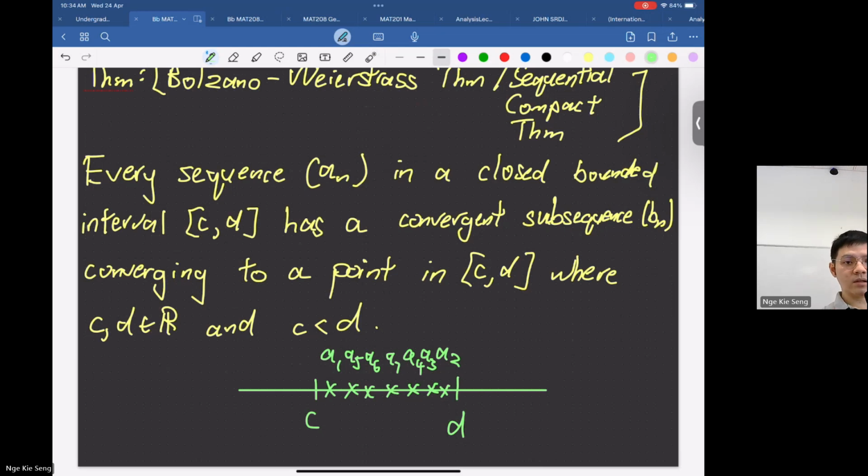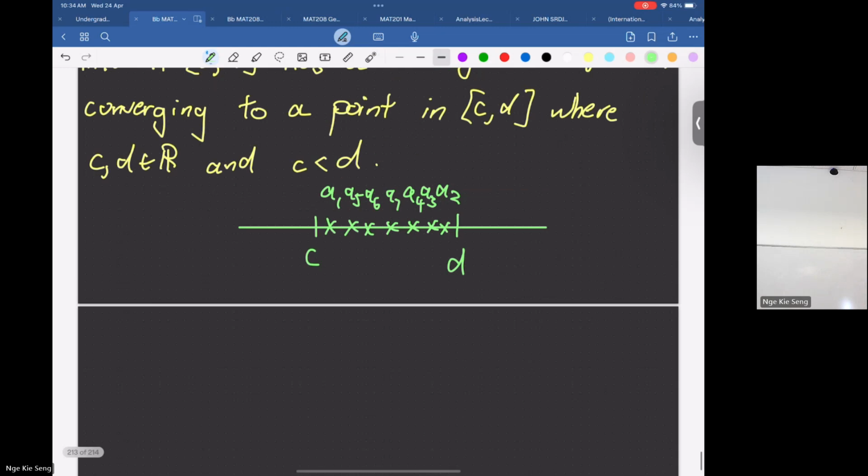How to construct the convergent subsequence here? We are trying to use the nested interval theorem here. So we will first introduce something called the pigeonhole principle.